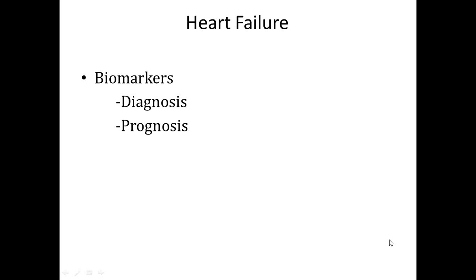The heart or the myocardium has to be insulted, and the insult can be just a heart attack, a viral myocarditis, or whatever the insult to the myocardium, and then that's going to trigger a series of changes in the heart that give rise to heart failure. One of the big things is that once the heart is insulted, it undergoes what we call remodeling. So that was one of the big things that we discussed.